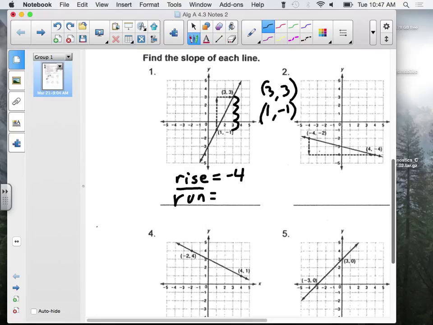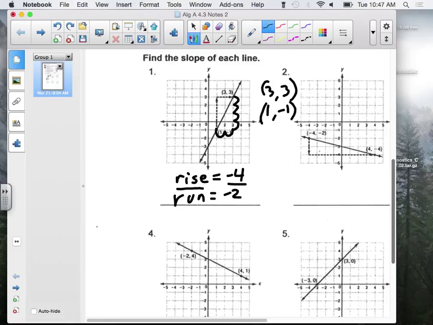And then our run, what would that be? Negative, because we're going to the left. Since we're going left 2, our run is negative. If you go right, it'd be positive.